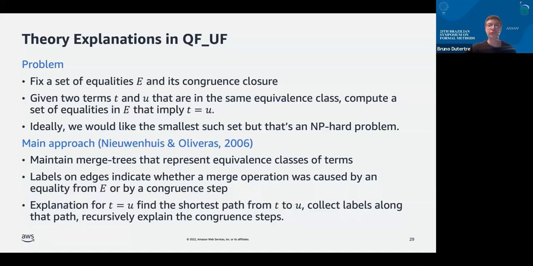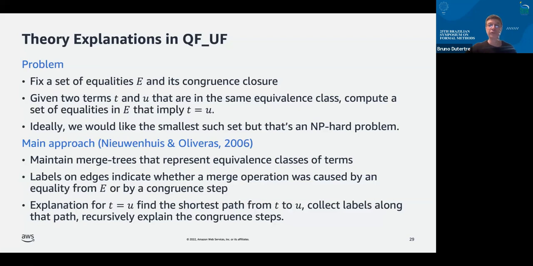We try to compute an explanation that's not too bad. And the approach that most SMT solvers use is due to these 2 people here. And it's essentially adding some extra information to the congruence closure that explains why 2 terms were merged. So as we saw in the little diagrams I showed before, you can think of congruence closure as building a merge tree between terms.